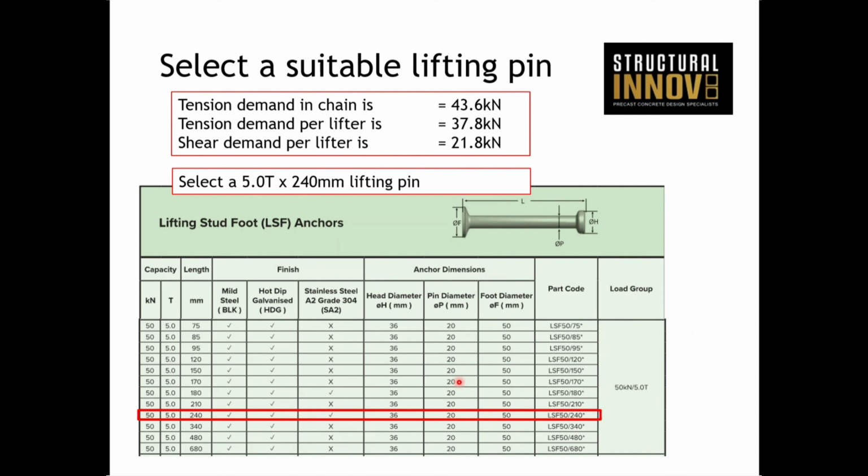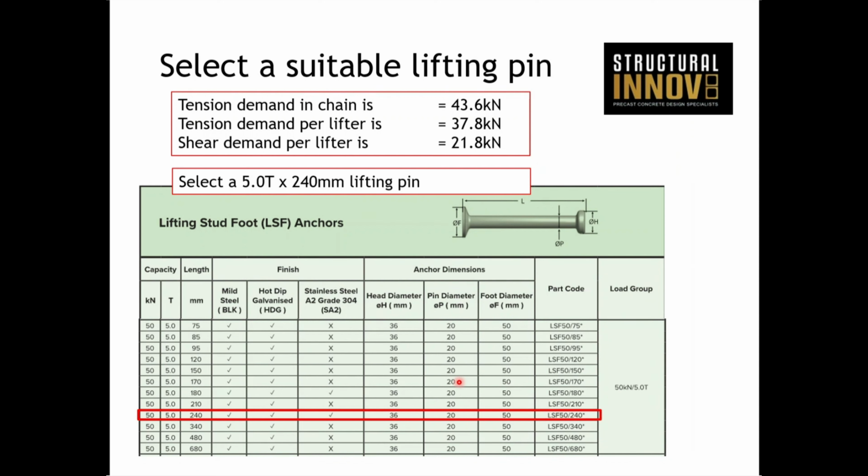From that, our maximum load is essentially just over 4 ton. So we want to be selecting a lifter that's greater than that. And so we're selecting here a 5 ton by 240 lifting pin. The wall panel is 300 millimeters thick, without, I suppose, too large cover requirements.